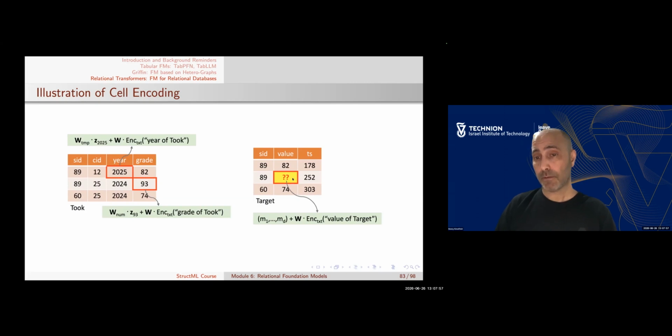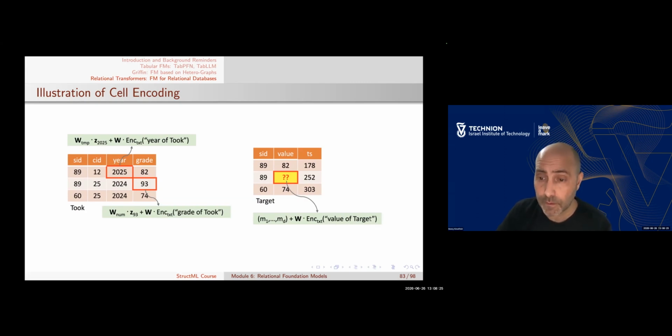This one is our task table or task row, so we encode it in the same way, but with this M1 to MD. Here I wrote the value of target, which is generic to the target. But in a real implementation of RT, it doesn't need to be a generic name.